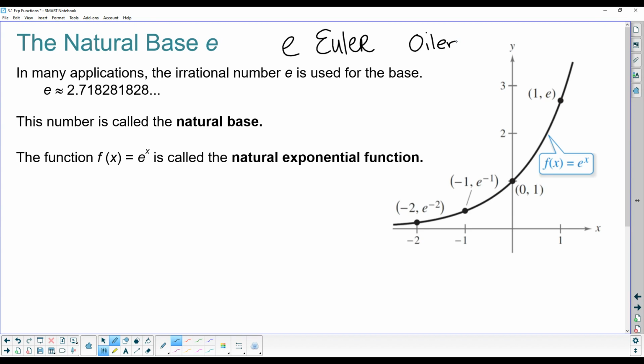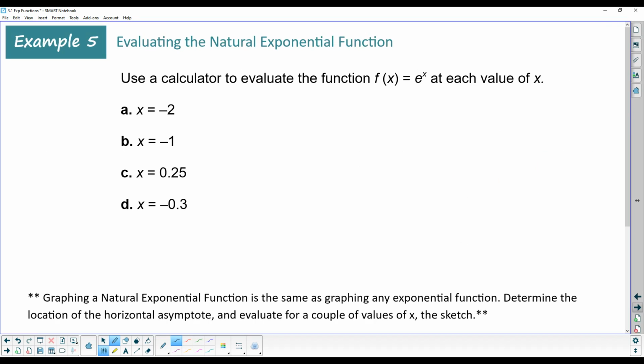Do you know where the base e is in your calculator, though? Because you will need to use that base. It's usually a second function of the natural log button. It's an LN.